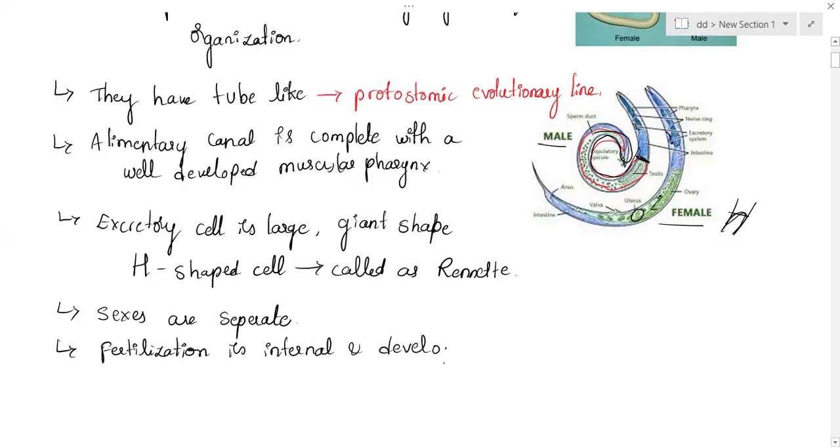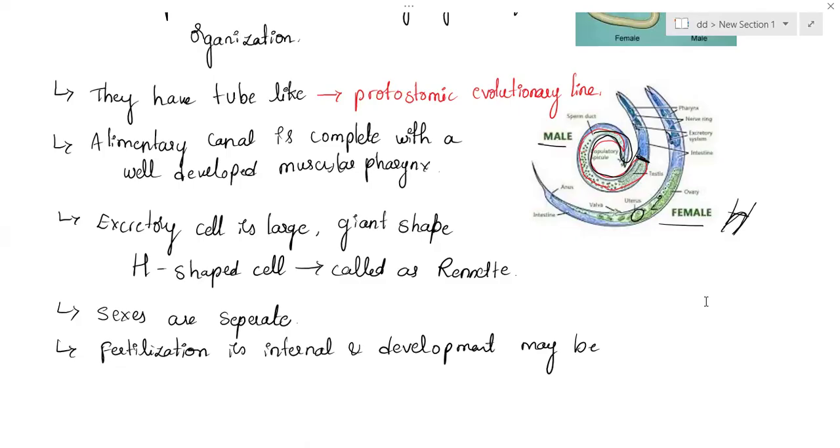Have you heard the words ovoviviparous and viviparous? We humans are viviparous, meaning the baby develops inside the mother's womb. Whereas the chicken lays an egg, then the egg is incubated by the mother, given a certain temperature, and it hatches outside the body.